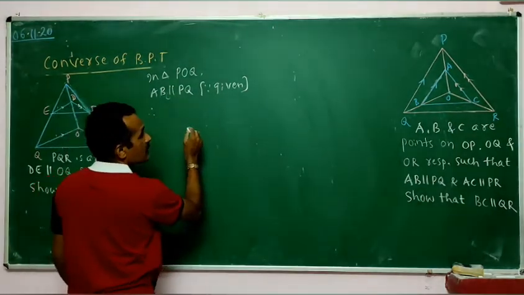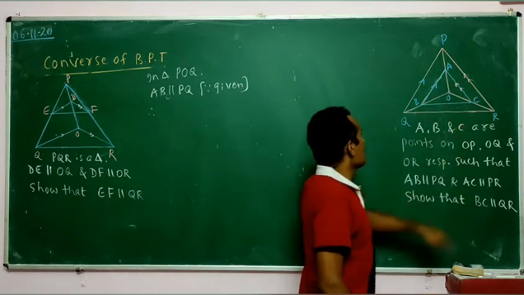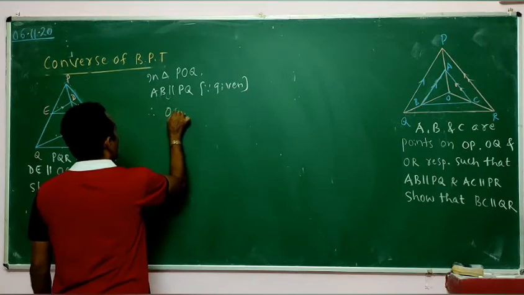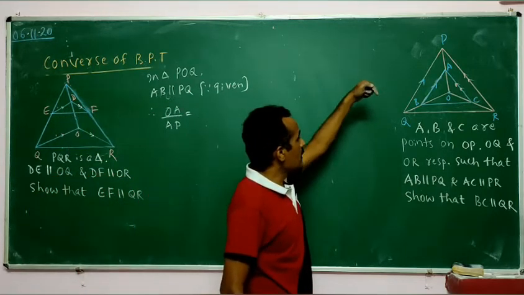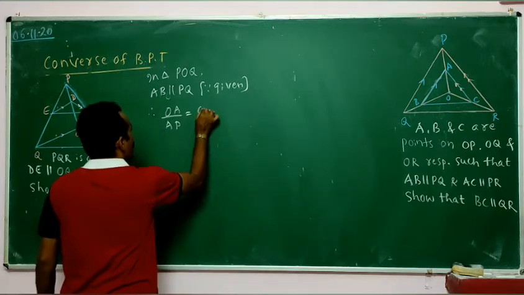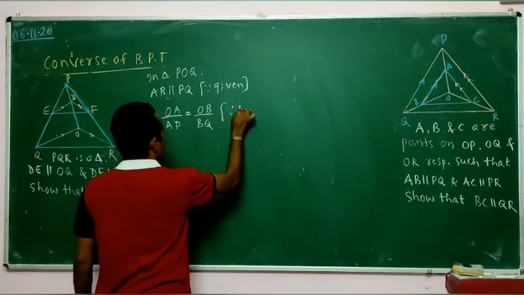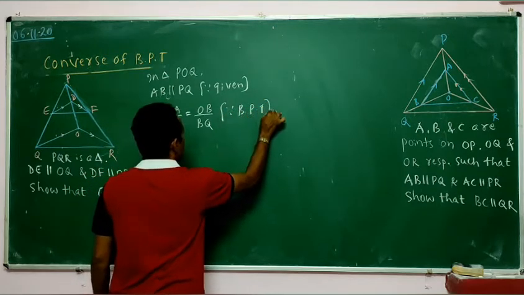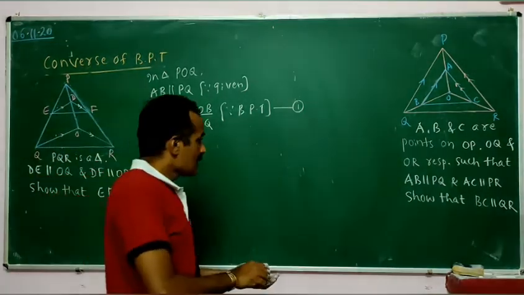Therefore, I can write what? Look from where? Start from here: OA by AP is equal to OB by BQ. Reason: BPT. This is equation 1. One more time, come on.